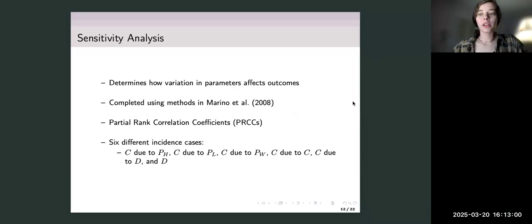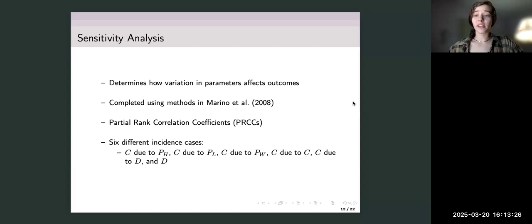So after we looked at our baseline results, we then decided to run a sensitivity analysis, looking at how varying the parameters in our system affects the outcomes. We completed this using methods in Marino et al., and we used partial rank correlation coefficients, or PRCCs, to index the sensitivity of each parameter that we're looking at.